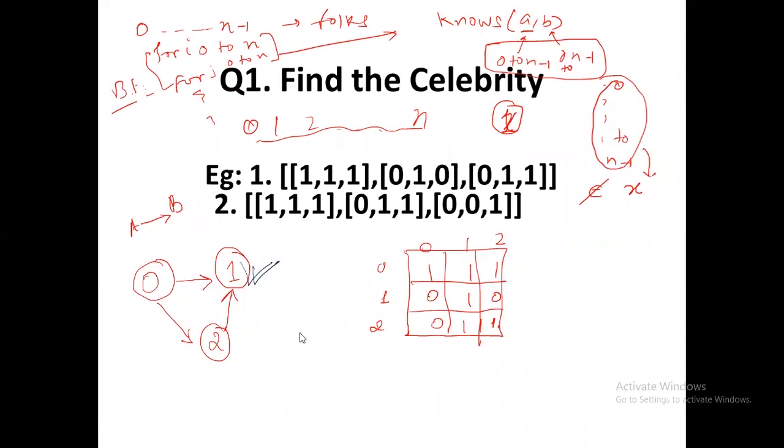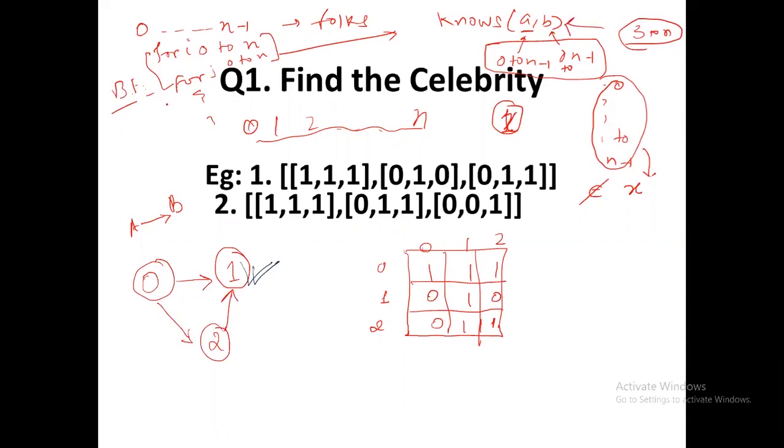But what is the problem here? The problem with the question is that you have been given an optimization value of 3n. That means you can make API calls to this knows function only 3 times the number of folks provided to you.